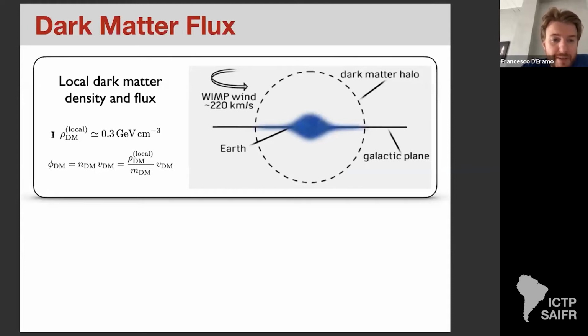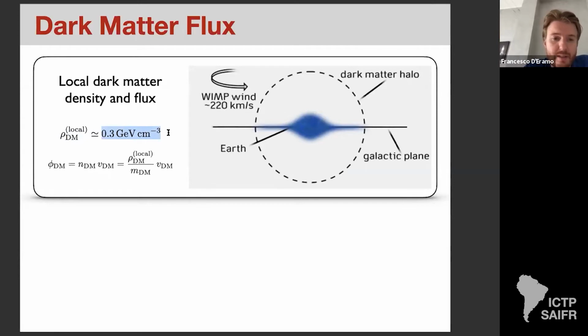So the local dark matter density, so in the solar system or around the Earth, it's more or less constant. Remember, in the first lecture, I gave you a radial profile of the dark matter density, okay? In the Milky Way, if you evaluate that function at a distance of more or less 8 kiloparsec from the center, you find this number here, which is the local density.